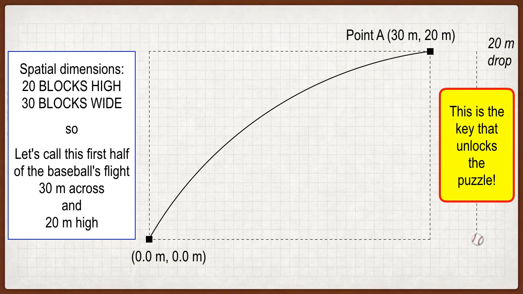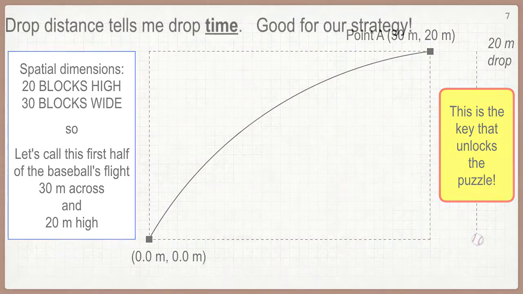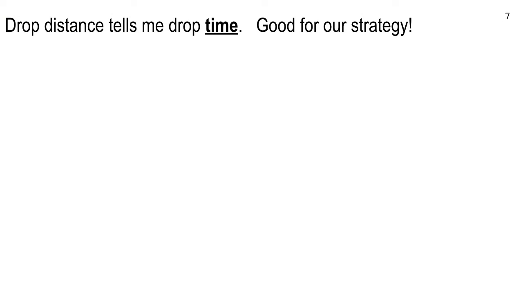But suddenly you get 17 across, and now you have a clue. And then you get 21 across, and you start putting, and eventually you get the whole crossword puzzle figured out. So we're going to kind of work through that way. And this is the key. This is the key word that unlocks the whole rest of the crossword puzzle. All right? And that's because the drop distance tells me the drop time. And that allows us to use our strategy.